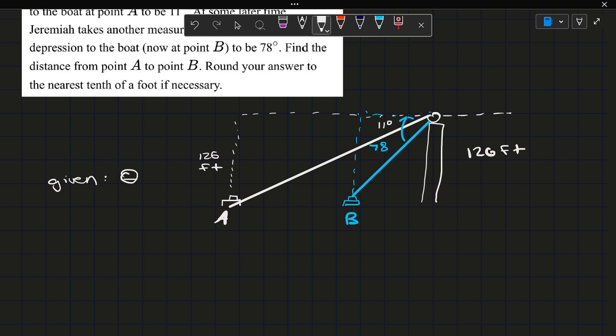So that would be the opposite for both right triangles. And now we just want to find this first length right here, the white dotted line up here, and then the blue dotted line, because that would be the distance A to B, right? Because in the context of these triangles, the length of this long triangle minus the length of this short triangle would give us A to B.